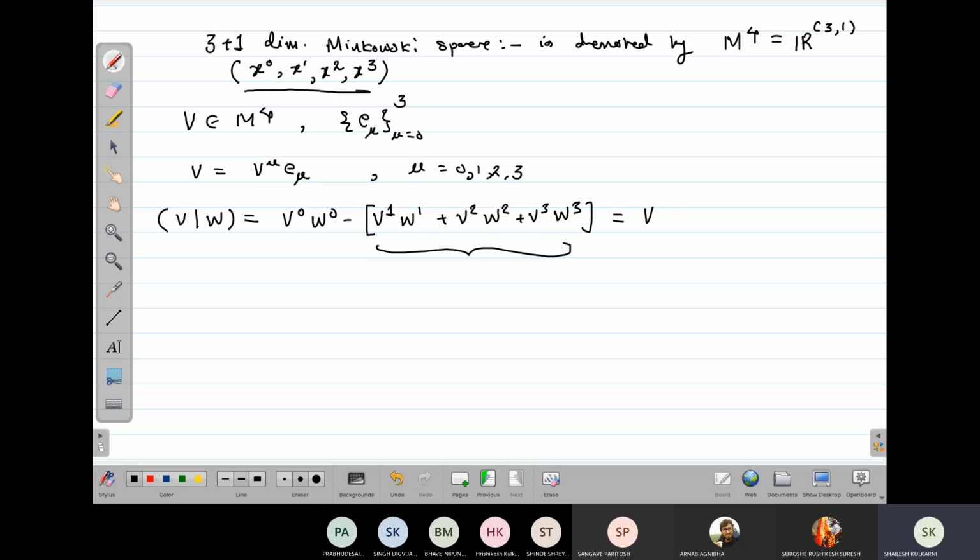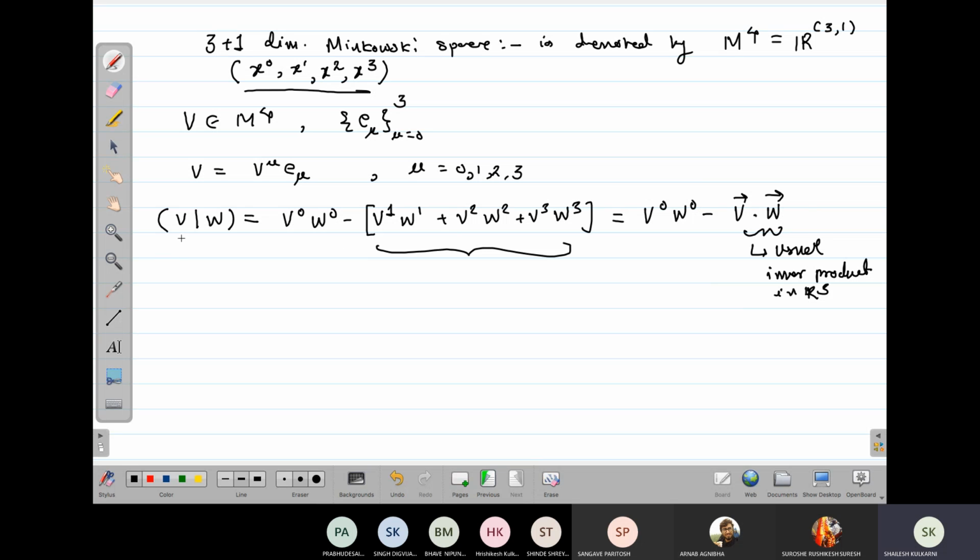So this will be V0 W0 minus V dot W, which is your usual dot product, the usual inner product in R3.